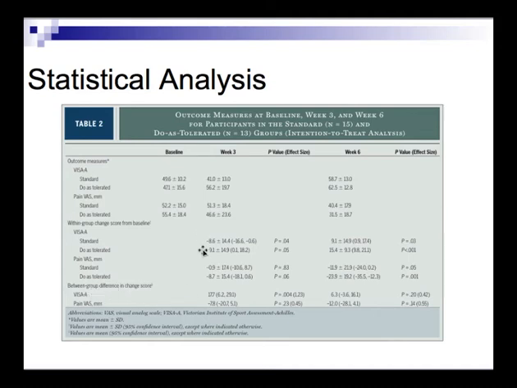Basically, this 17.7 is essentially the difference between these 2 time points and these 2 time points, and that's what we see here. So 8.6, 9.1. Basically, the standard group's VISA-A score went down by 8.6, and the do as tolerated group's score went up by 9.1.